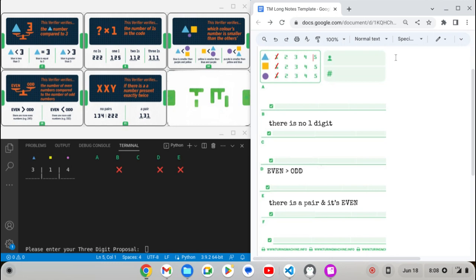What an interesting, not coincidence, but kind of conclusion. So yeah, very interesting. If there's no 1, there can't be a 5 either because of the pair of evens.